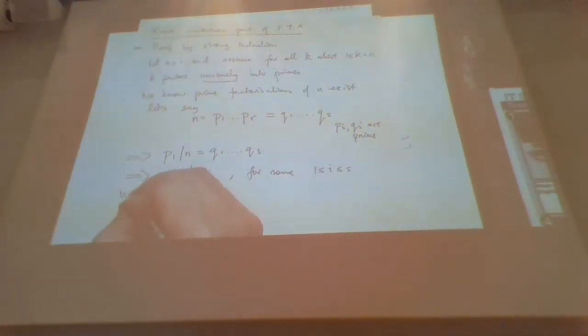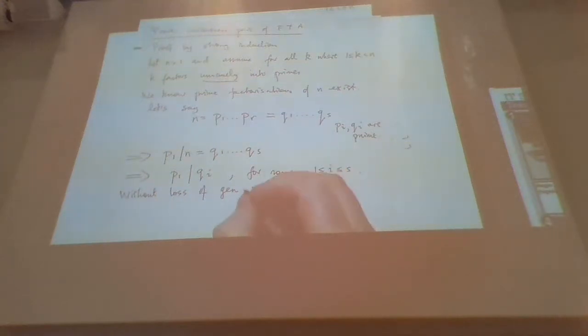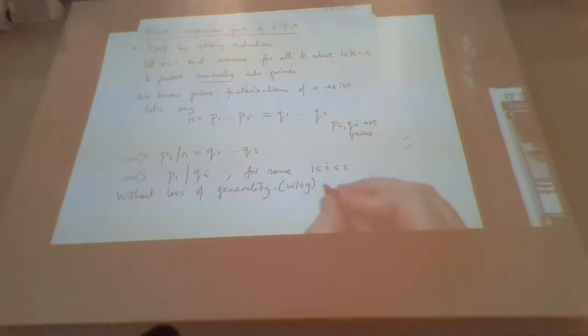Now without loss of generality, which is sometimes shortened to WLOG in proofs, if you ever see that, I don't know what it means, it's not a strange logarithm function. Without loss of generality, we can say P1 divides Q1.